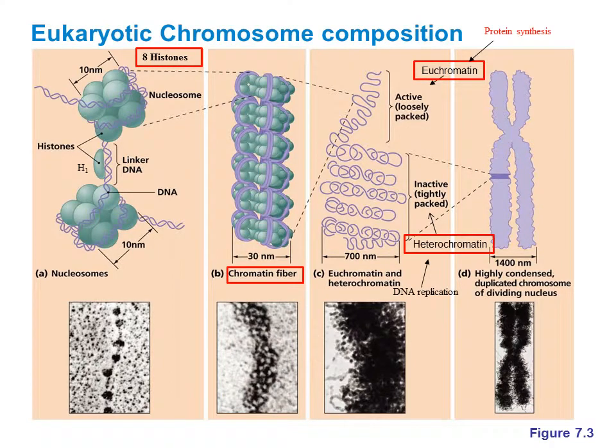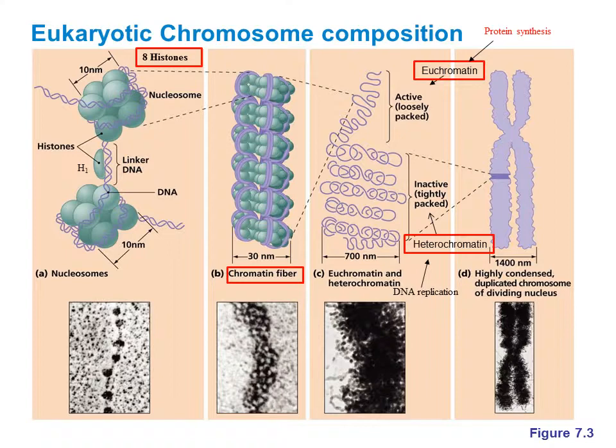This is the structure of a eukaryotic chromosome. It is composed of 8 proteins that are called histones. Collectively, they make up another protein complex called a nucleosome. The DNA is wrapped around that.